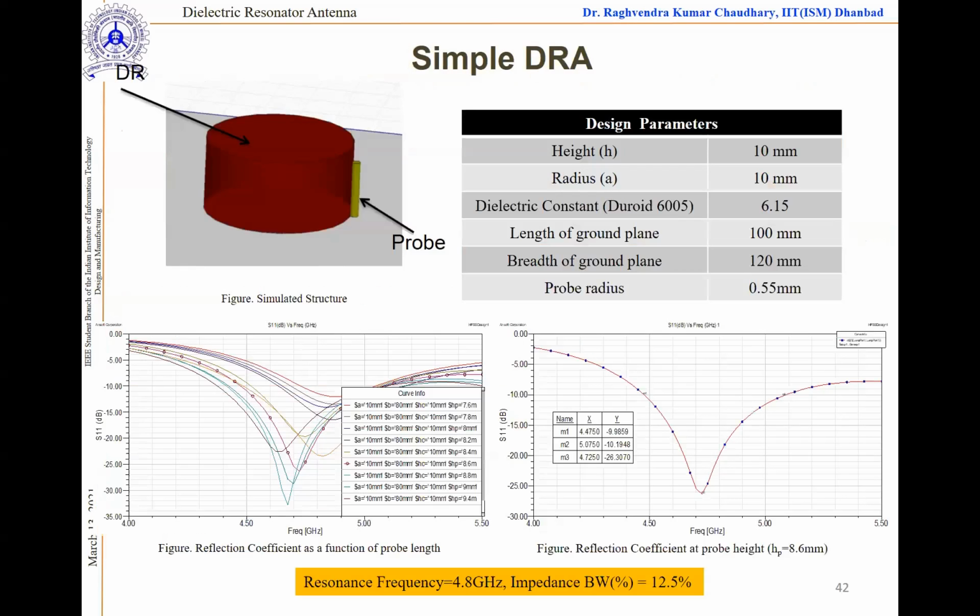Now, this is a simple DRA on which we performed driven mode analysis. Here d by h is 2, and this is a probe feed, correct. Based on that we analyzed different parameters like the dielectric constant and the length of the ground plane, so many things.